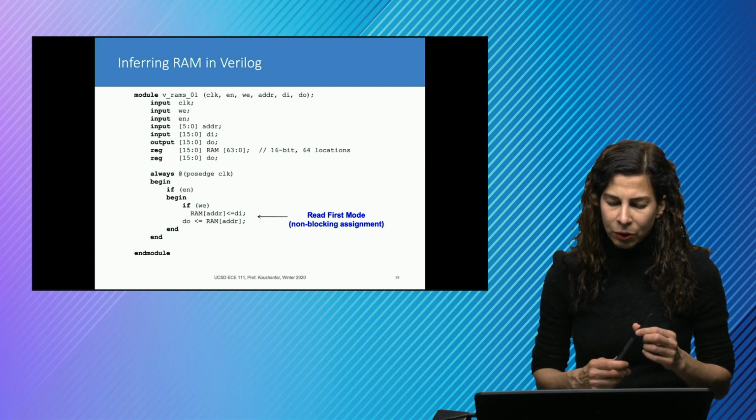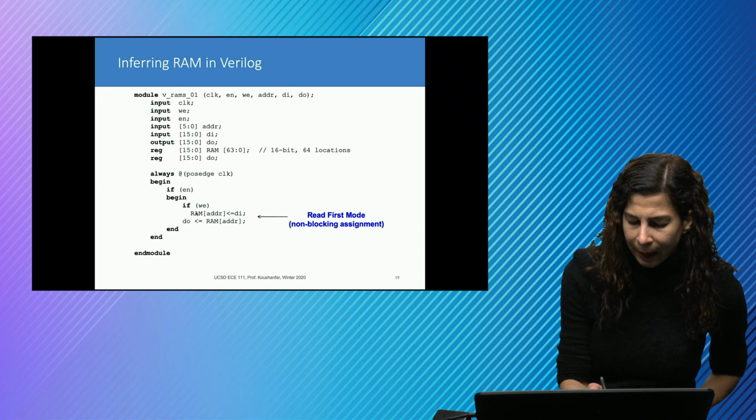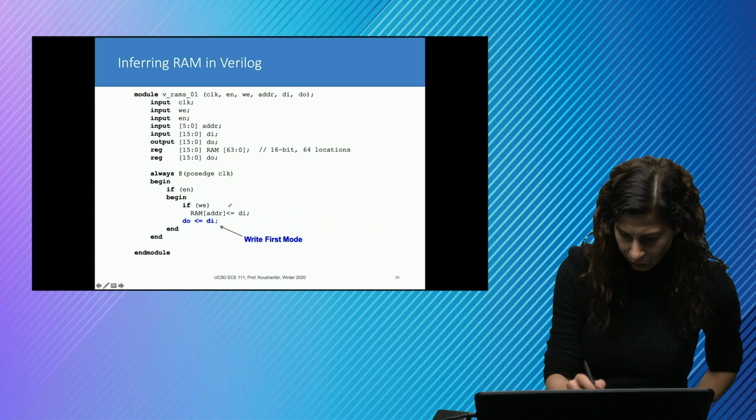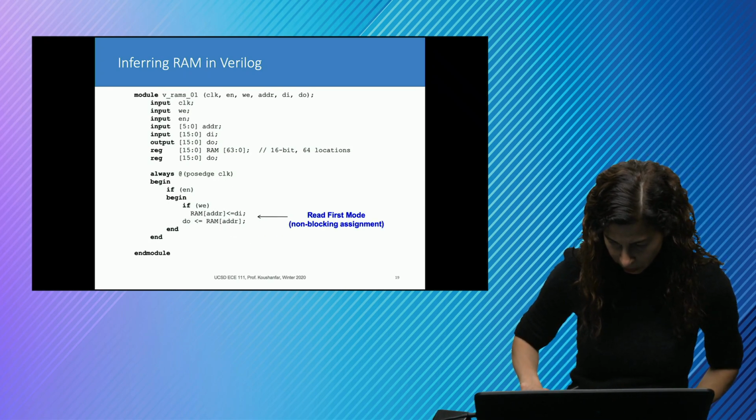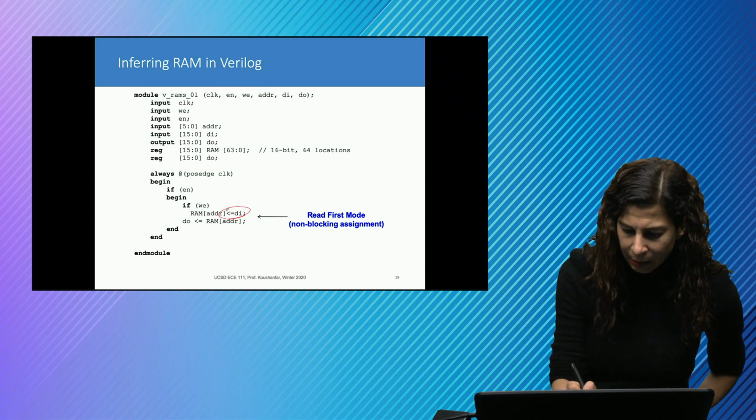If we are doing a read first mode and this is write enabled, we are going to assign the input data to that address, and at the same time we are going to assign to the output the content of this address.